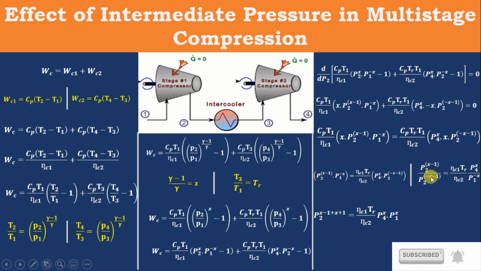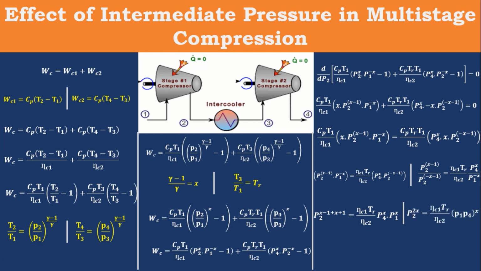So minus minus becomes plus, is equal to efficiency of first compressor divided by efficiency of second compressor into Tr. So P4 power x, dot P1 power x, because we took them into the numerators. So this equation can be written as P2 power 2x. How did it come? x becomes 2x; minus 1 plus 1 will get cancelled. Is equal to efficiency of first compressor divided by efficiency of second compressor into Tr, this P4 into P1 whole power x.